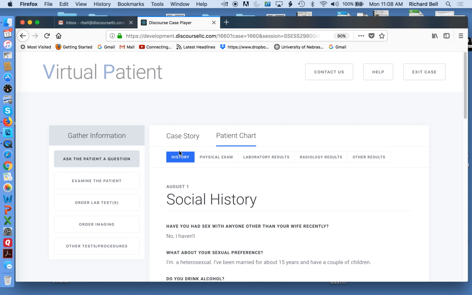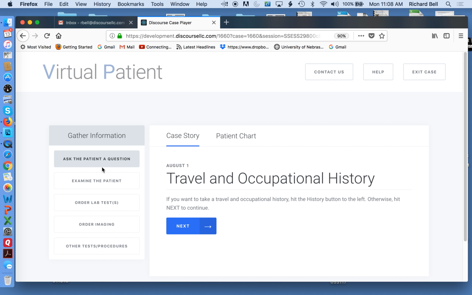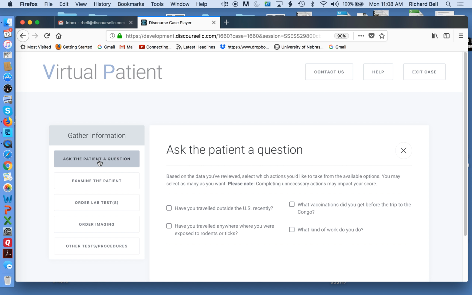There is then the travel and occupational history, which is important to this case. Have you traveled outside the U.S.? What vaccinations did you get?